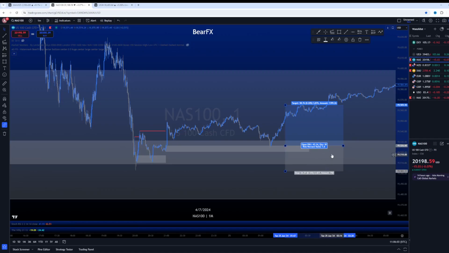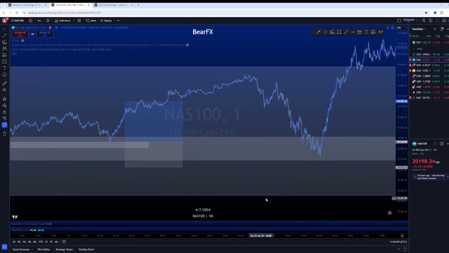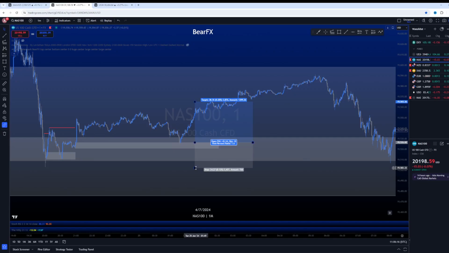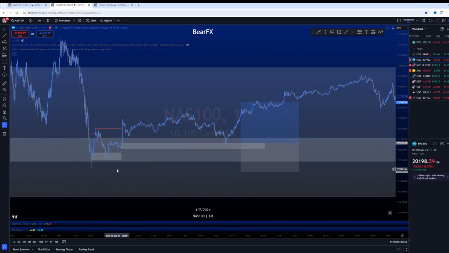So again, still a little bit wider, still less than 30 ticks on that one. Because I believe price does come back and retest here. So that's why you want to make sure that it's always below that lower low.